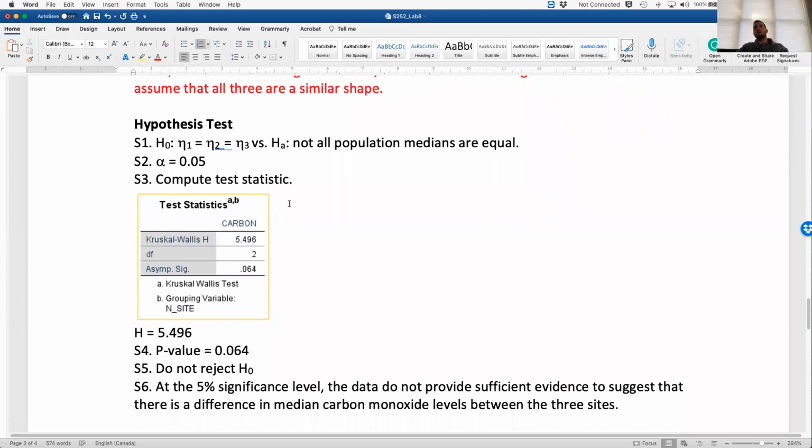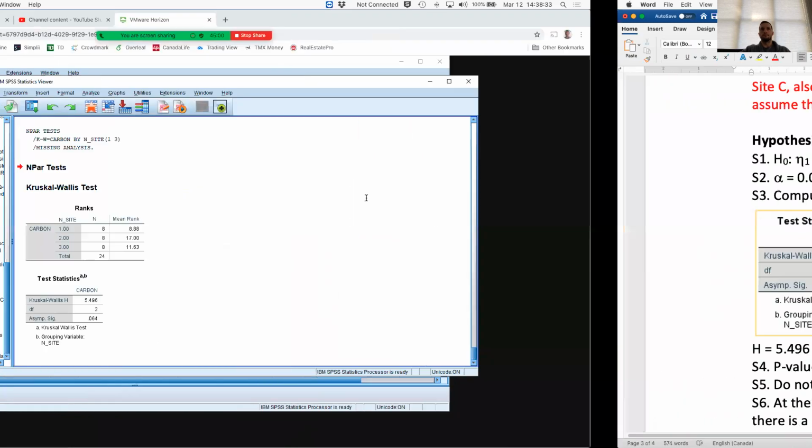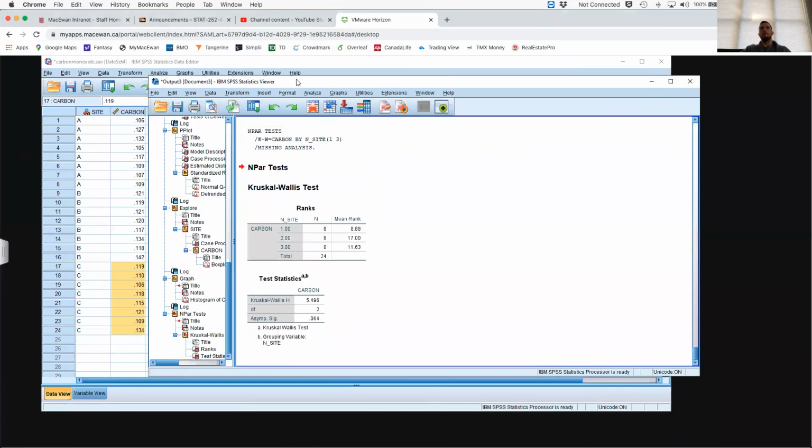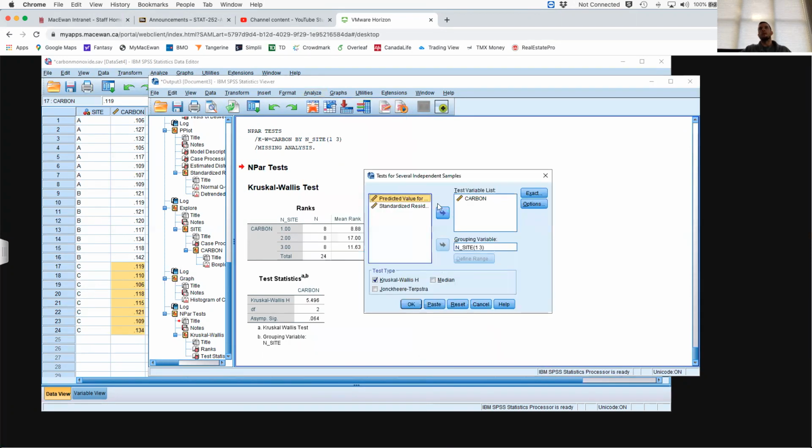Okay, so the Kruskal-Wallis test is performed in SPSS as follows. We go Analyze, Nonparametric Tests, Legacy Dialogs, K Independent Samples. We move our variable of interest into the test variable list.